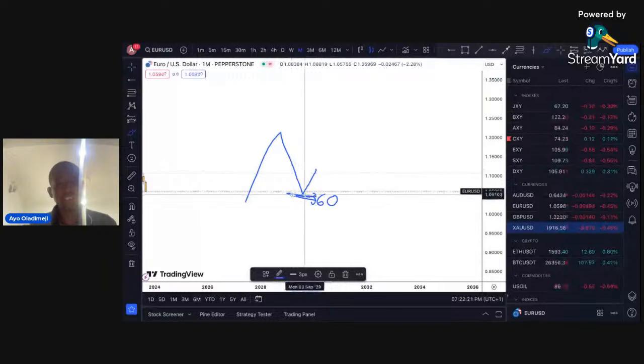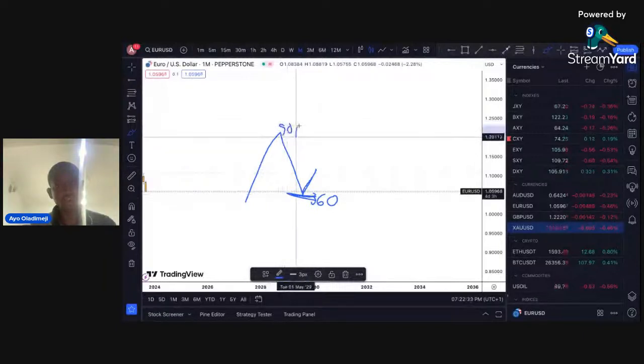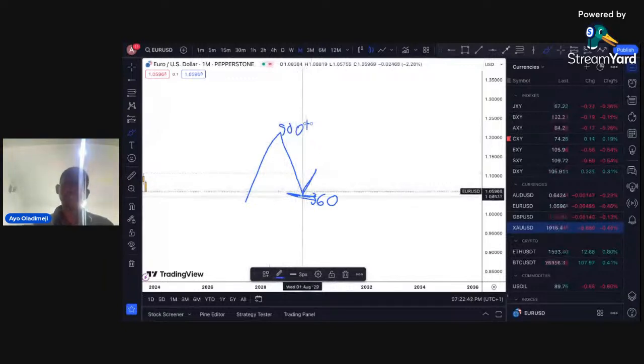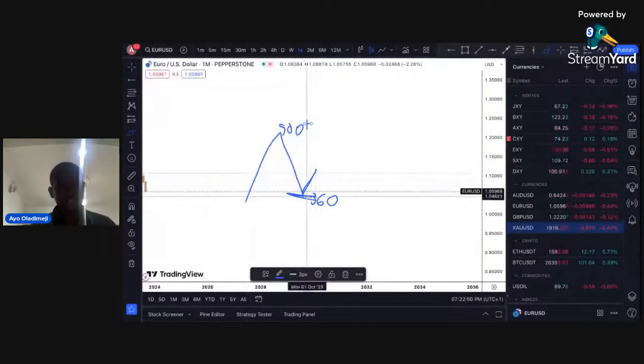So if the dollar falls from 900 plus, right now it's 900 plus, and gets to 360, the traders may want to push price up from this 360 naira level.